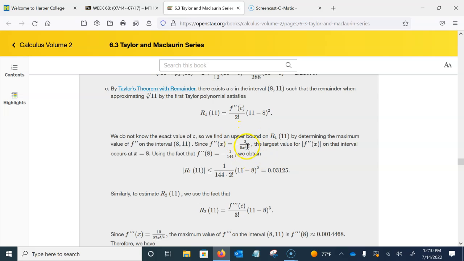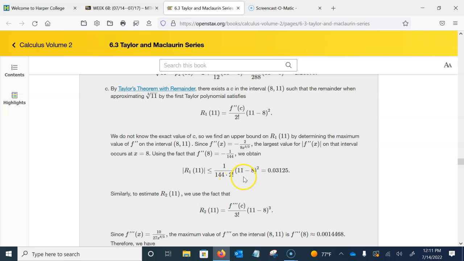Well, it's going to be maximum when the denominator is the smallest. The denominator will be smallest at x equal 8. So at x equal 8, we'll plug this into f double prime. We get negative 1/144. So the absolute value of the remainder, when I have 11 as an x value, the absolute value of negative 1/144 is still just 1 over 144 positive.